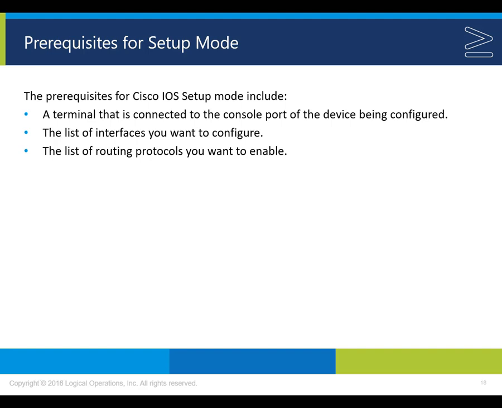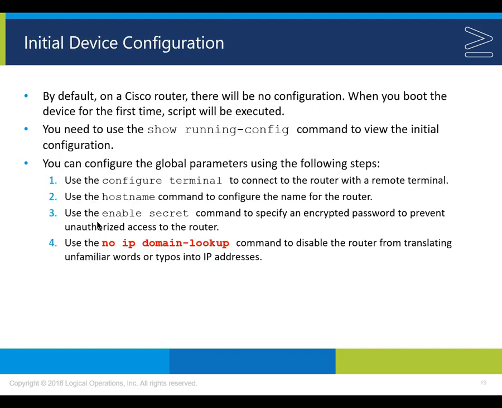You can configure a router for a DHCP address if you'd like. Do you want to do that? In most cases, I think the answer is probably not. They're usually going to be static addresses, and that's what the interfaces and the addresses are all about. And then the routing protocols. Are we using RIP, EIGRP, OSPF? What interfaces are we using with these devices?